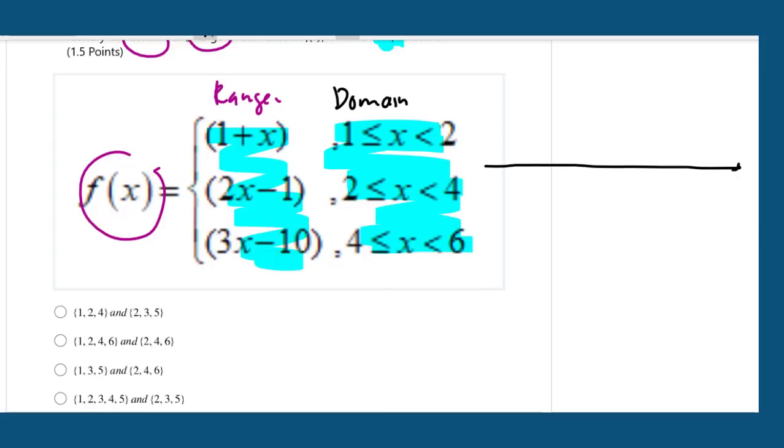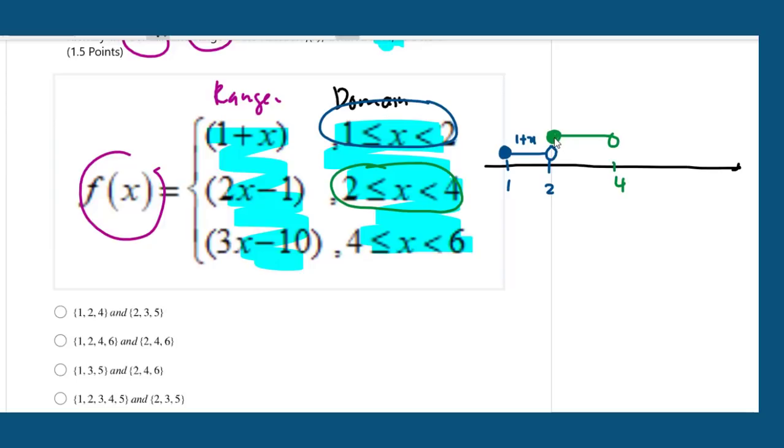Check the first one. The domain is from 1 to 2. 1 is included, then 2 is a circle, not included. The function is 1 plus x. From 2 to 4, 2 is a closed circle and 4 is an empty circle.